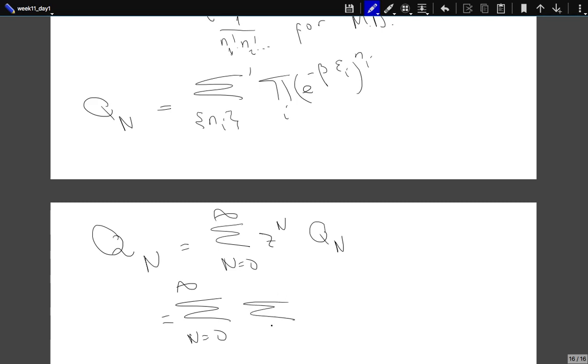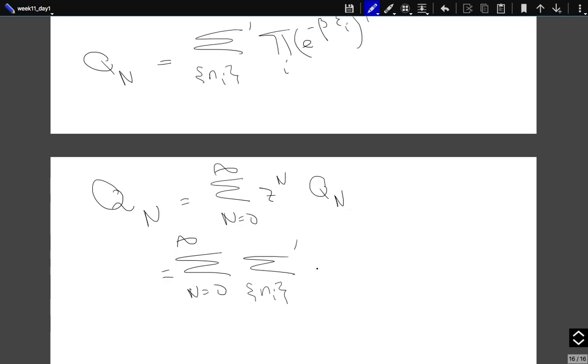Sum over N and then sum over all these sets n_i subject to the constraint that their sum should be equal to capital N, of z to the N, but N is now the sum over n_i, product over i of e to the power minus beta epsilon_i to the power n_i.